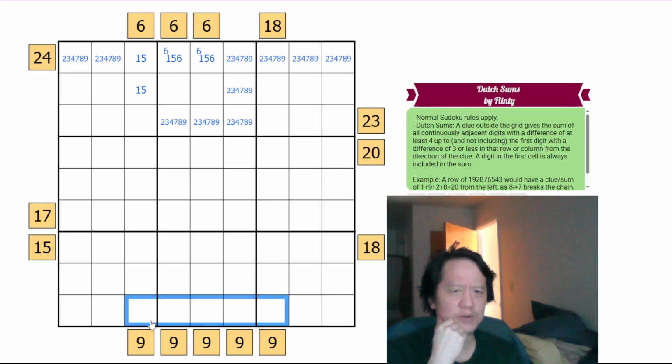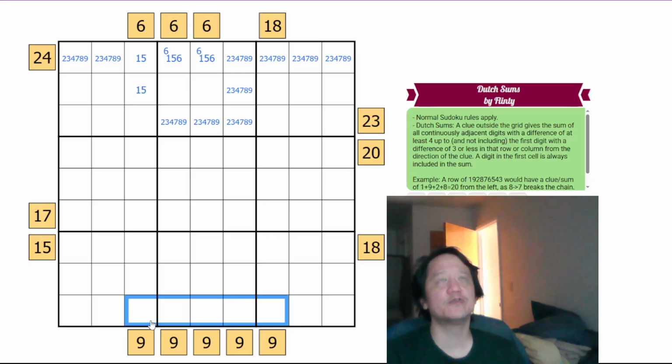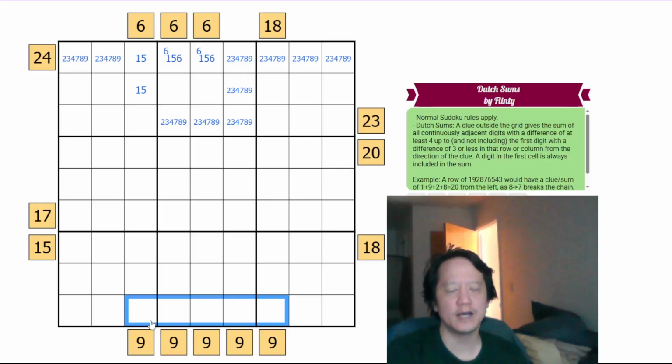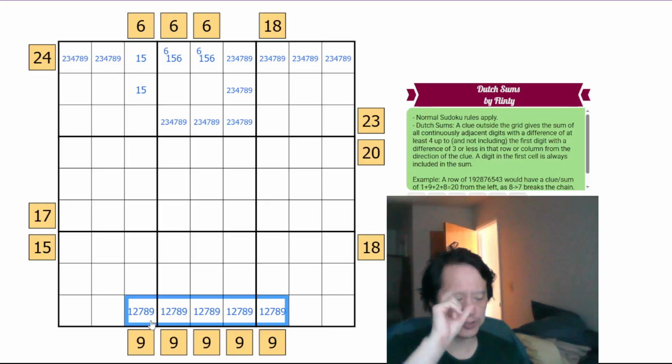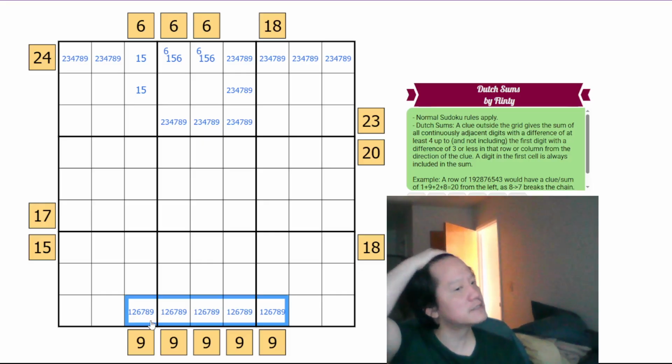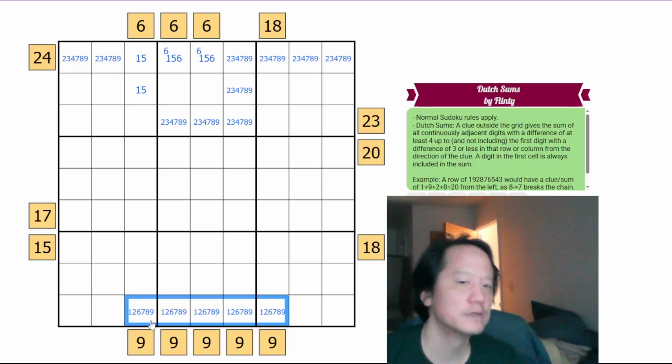I think it's the only possible 9, right? 1, 5, and 3 doesn't work because 5 and 3 has a difference of 2. 2, 3, 4 doesn't work. Right. So you either have a 9 by itself, 1, 8 as a pair, 2, 7 as a pair, or 1, 2, 6 as a triplet.